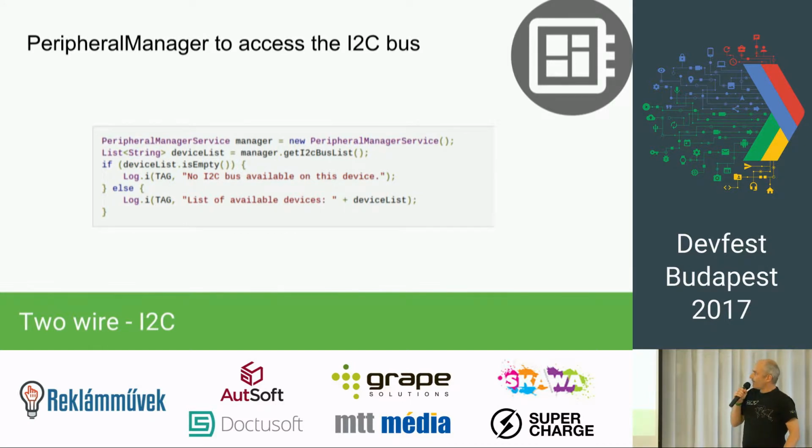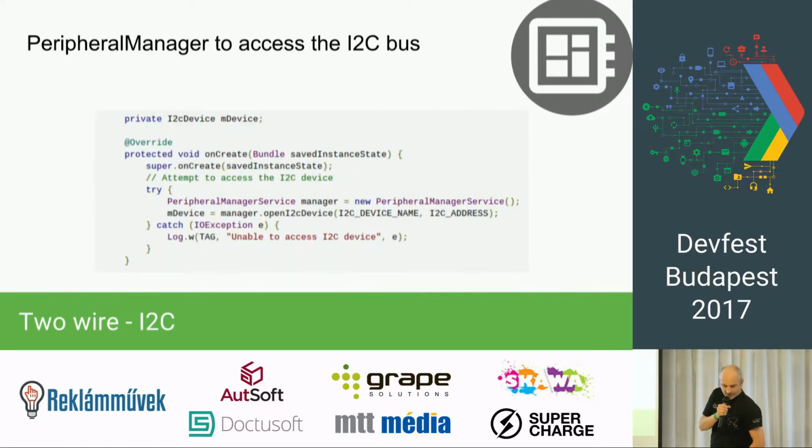So this is getting boring. How to get access to the I2C bus? It's again through the peripheral manager. There's the bus, and then you can open a specific address, and over this I2C bus you get access to this specific device at this specific address.